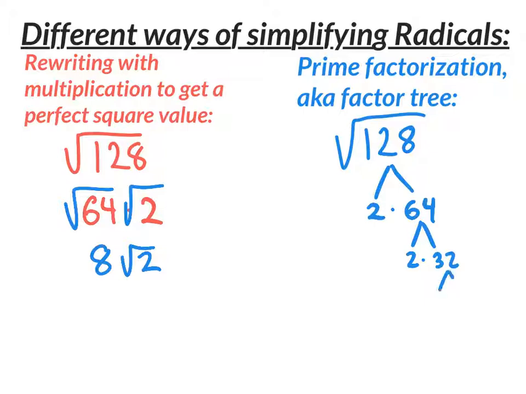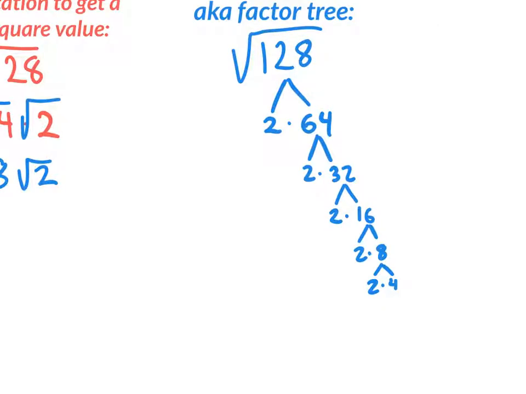And then the 32, you could break it down to 2 times 16. And then the 16, you could break it down to 2 times 8. Then the 8, you could break it down to 2 times 4. And I'm running out of space here. And then the 4, you could break it down to 2 times 2. So what do we really have? We have 2 times 2 times 2 times 2 times 2 times 2 times 2.